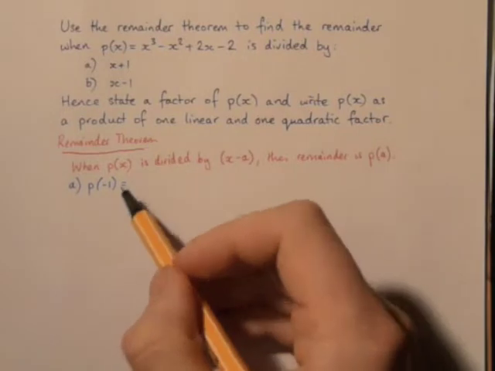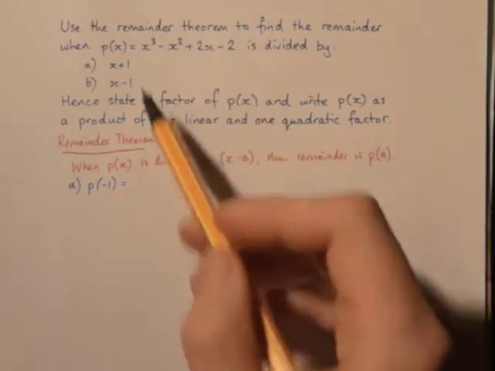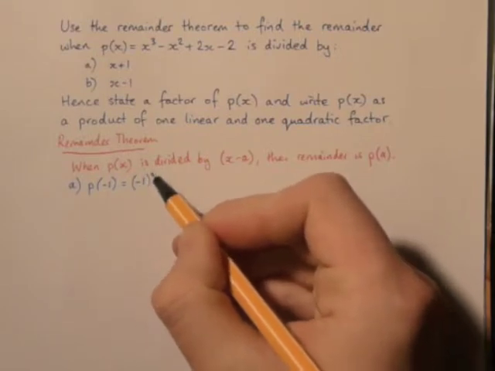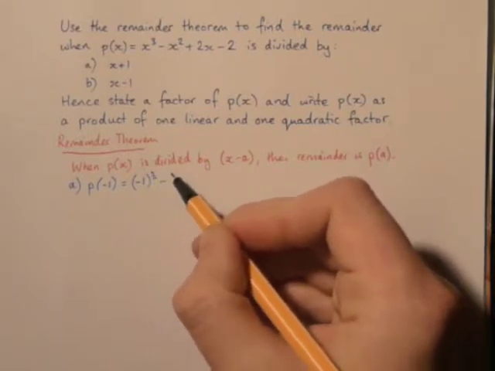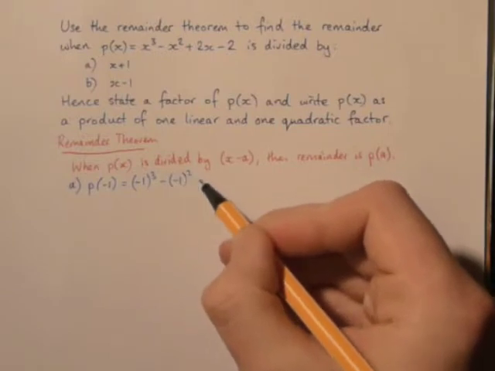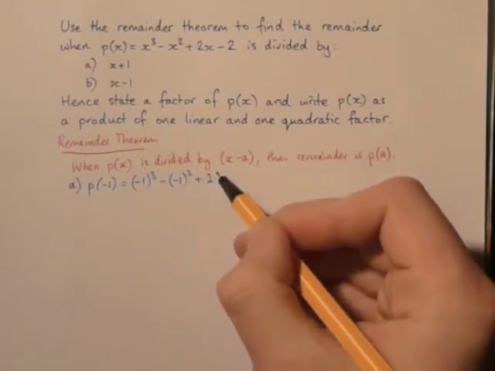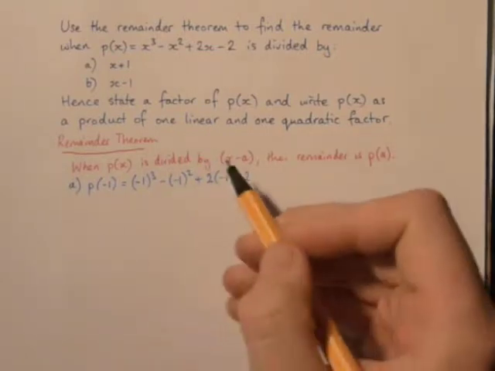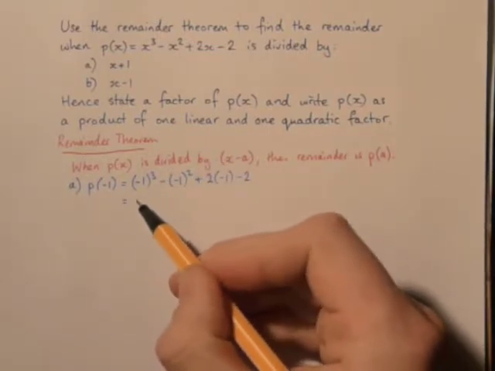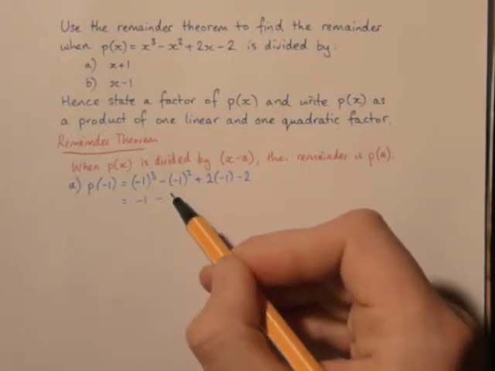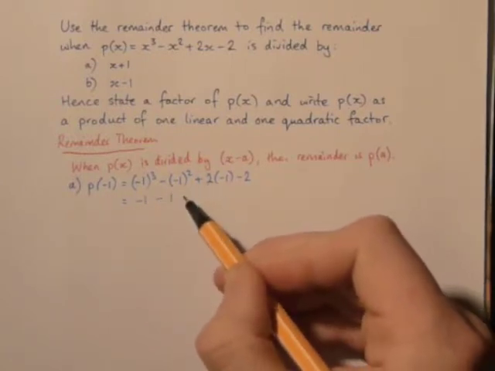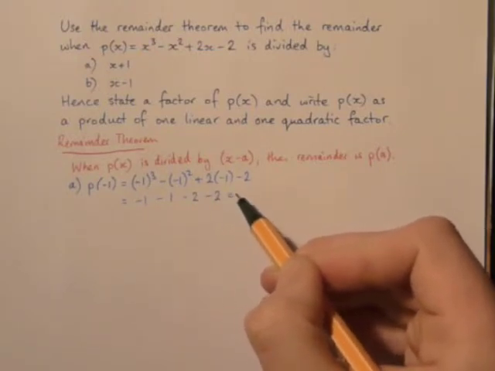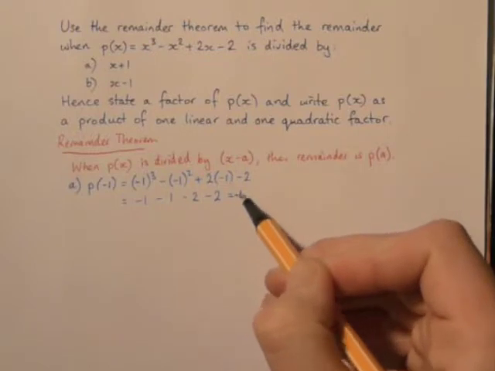Right then, so let's substitute minus 1 into this cubic. So I'll have minus 1 cubed, minus 1 squared, plus 2 lots of minus 1, minus 2, which is minus 1 minus 1 minus 2 minus 2, which is minus 6.